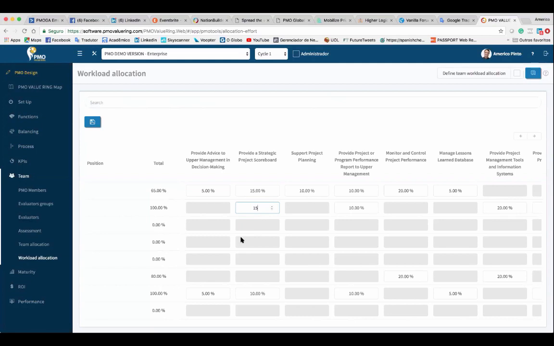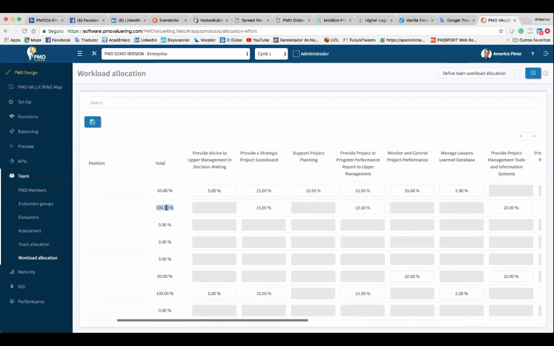We can't help you. Why? Because it depends. From company to company, it will be different. So it's just a way to help you to estimate how much time each team member will spend on each function. So at the end, if we have 15% here, 10% in provide project or program performance reports to upper management and so on, you will have a total here.